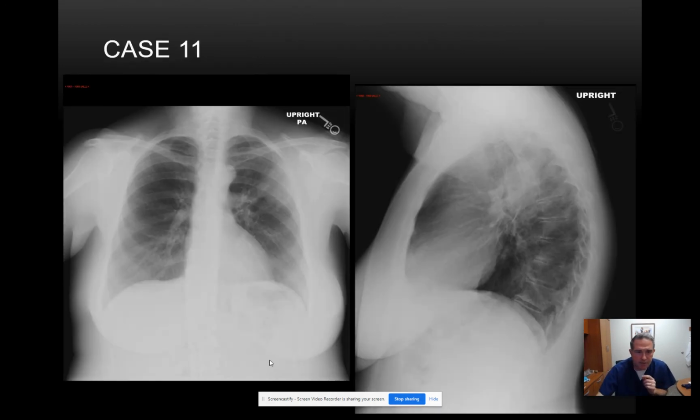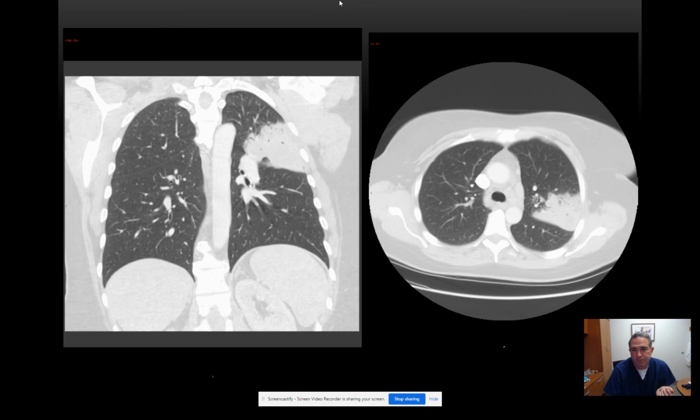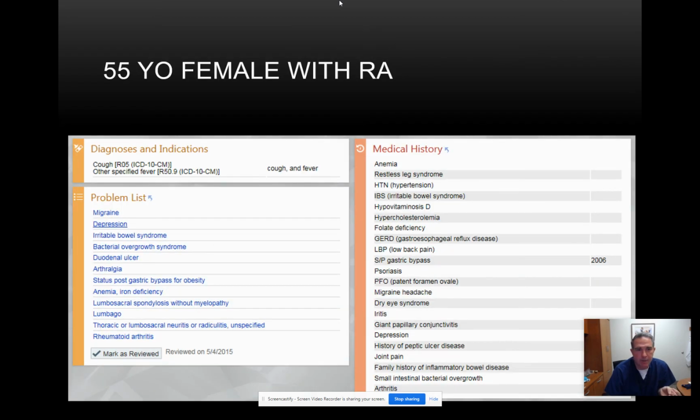Case number 11, like a left upper lobe. Looks like a left upper lobe pneumonia. Don't know if I would have said anything too exciting about that. Cough and fever, pneumonia, whatever. So, you think about what else. You look on the problem list, you also see the patient has rheumatoid arthritis.